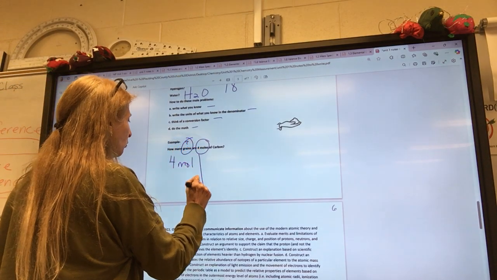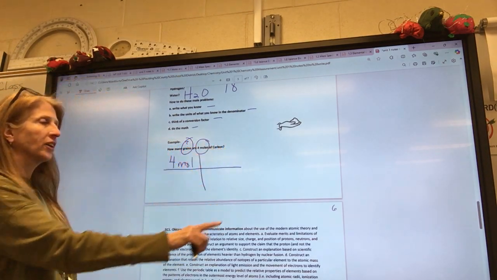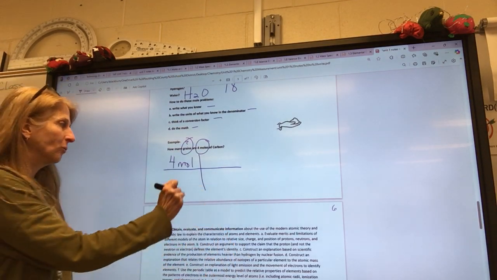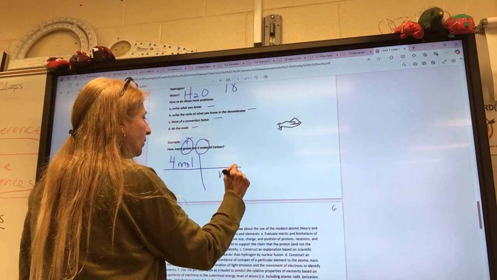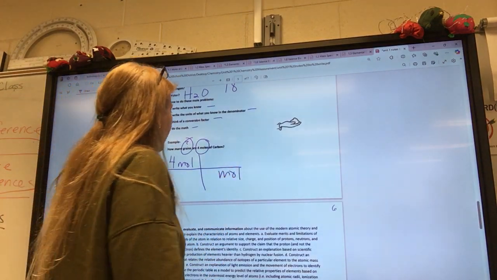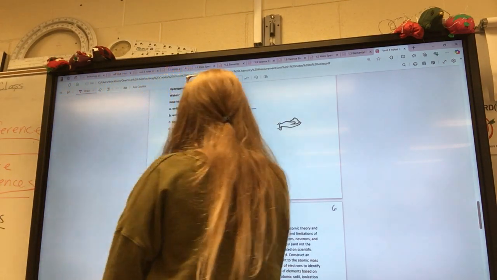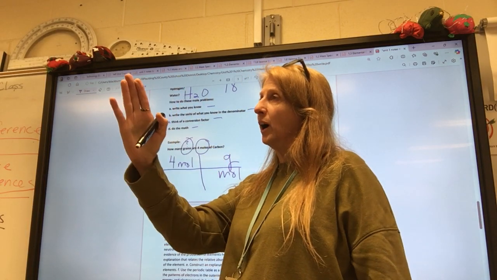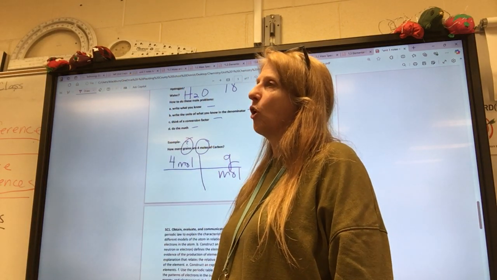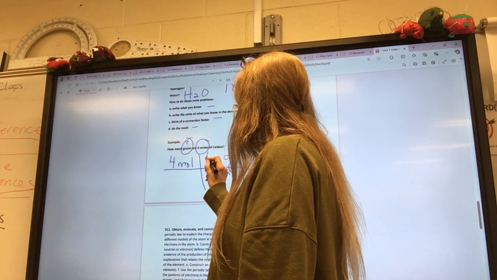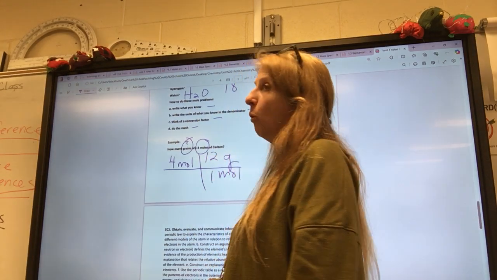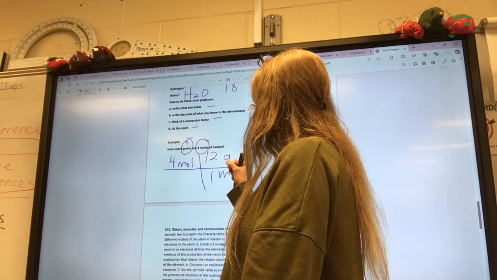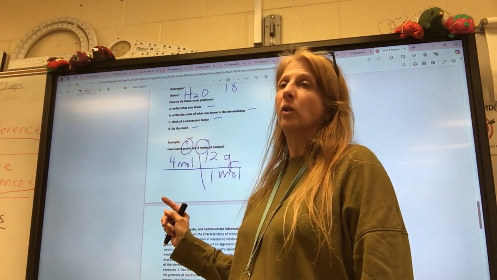Okay? We draw our train tracks. What's going to go into the denominator? Mole, right. And now we think about the conversion factor. And what we want to change it to is grams. What this is, that number 12 on the periodic table under carbon is 12 grams per mole. That red number, the unit of it is grams per mole.